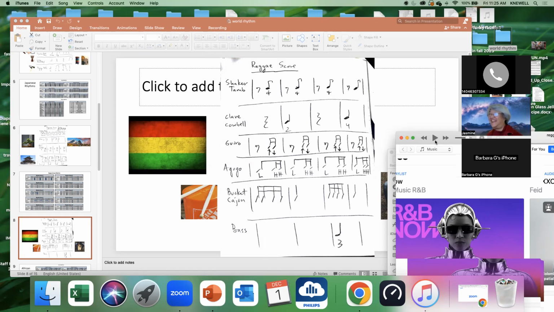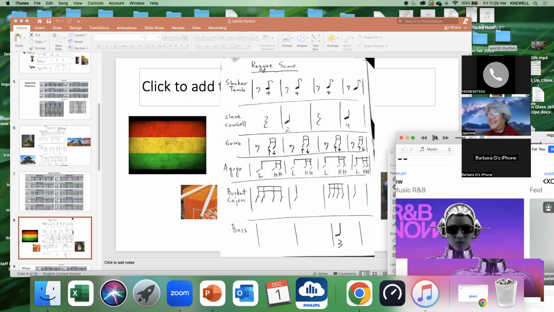So let's try that with our music. So first the ands. And so on. So that's kind of the güiro part.